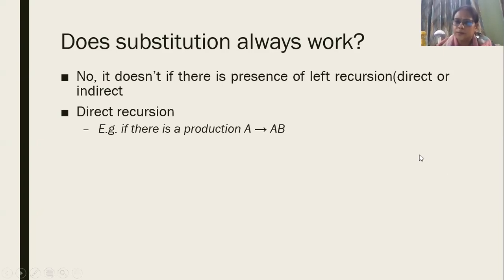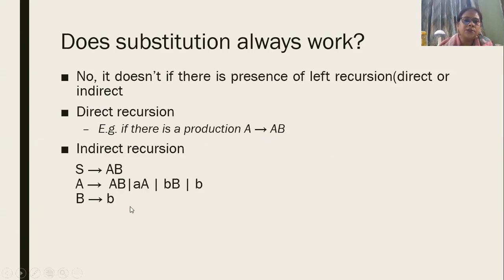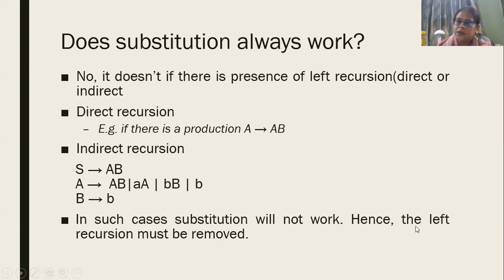What does recursion mean? If you have a production of this form, A derives AB, this is direct recursion. Indirect recursion is, S derives AB and A derives SB. Now, in such situations, no matter how many times you replace this A, you will never be able to get the correct answer.